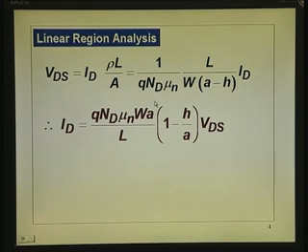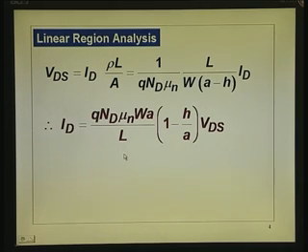Now I put ID equal to VDS, with this whole thing going to the numerator. I just put it in terms of ID now. ID is equal to q n d mu n W taken on that side. I pull this A out, and within the bracket you get 1 minus h by A. I have just rewritten that.